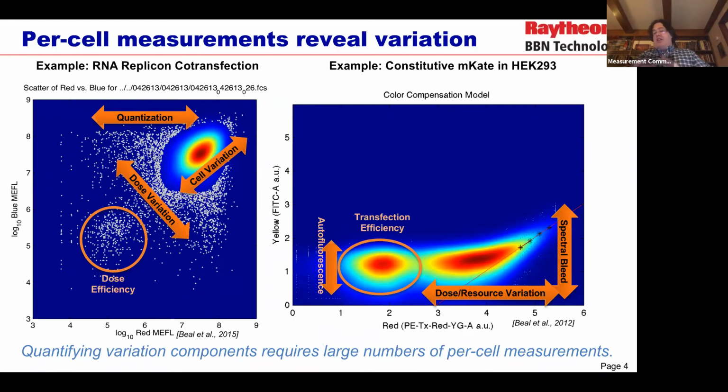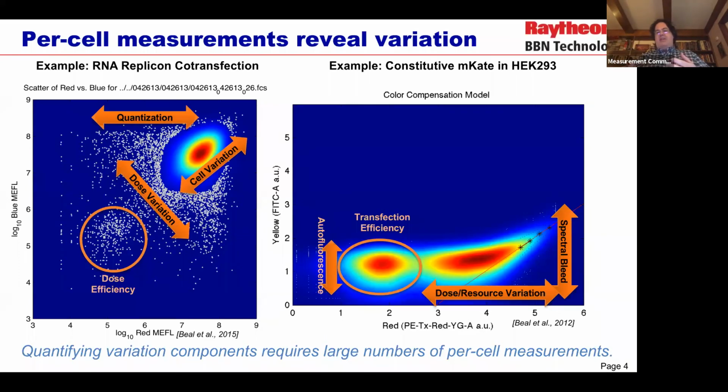Another example that we'll actually see more about later on the right is understanding things about the operation of our cells and our instruments based on a simple constitutive fluorescent protein going in. This is going into some HEK293 mammalian cells. And here we're, again, pulling out a whole bunch of parameters. We're pulling out the fluorescence overlaps through this spectral bleed measurement over on the right, this diagonal line coming up.